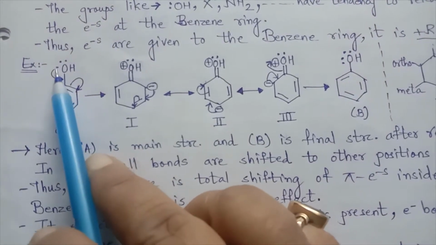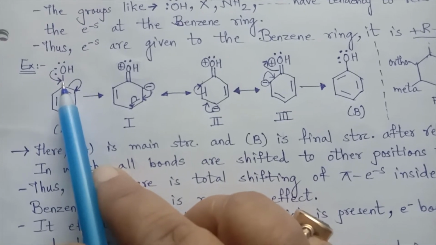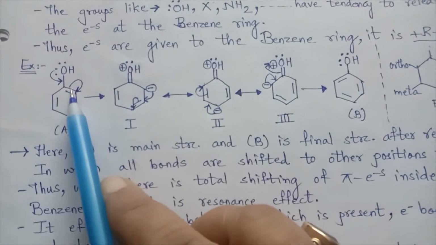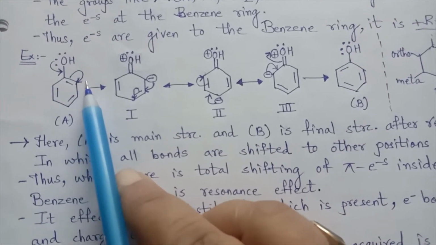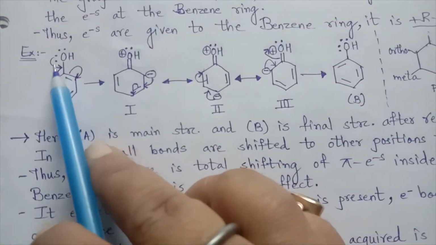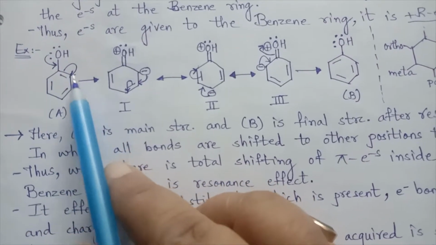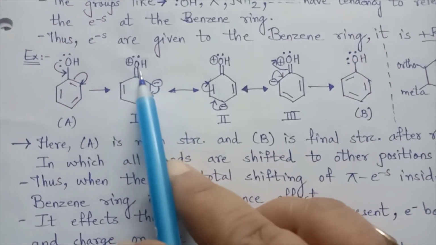So the electron is given and the bond is formed. At the same time, the bond is shifting to the other carbon, acquiring negative charge on the benzene ring, and it is going in the same direction. See here, negative charge is acquired here, and it is a double bond here.